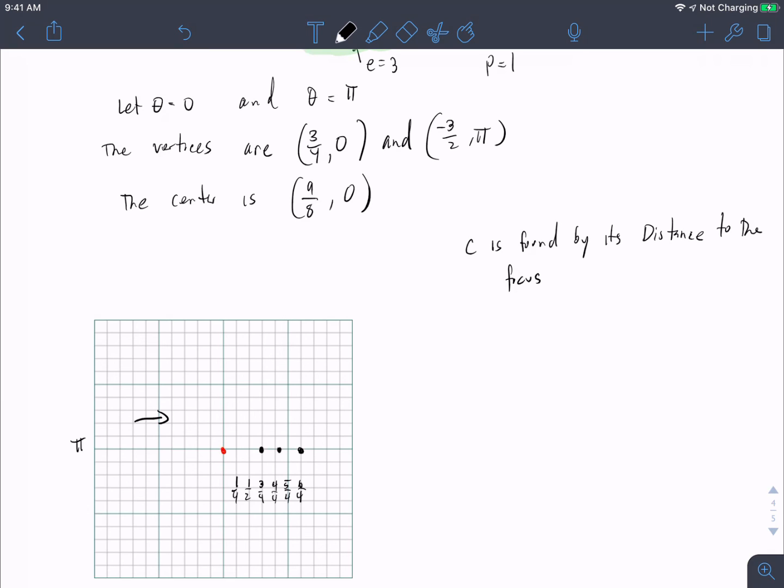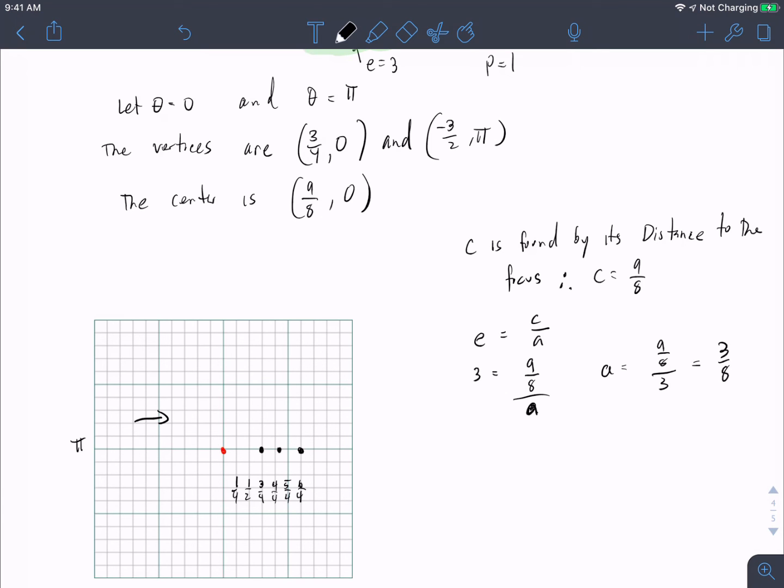And so therefore, I can see that c is equal to 9 over 8. So that's my c. e is equal to c over a. I know that e is 3, c is 9/8, and now we have to go get our a, which is doable. So a is equal to 9/8 divided by 3, or a is 3/8.